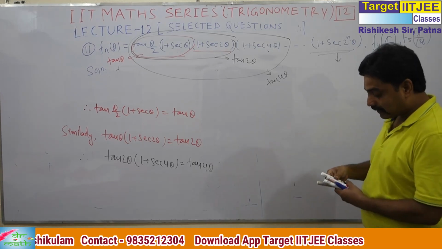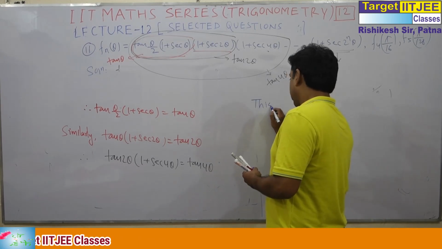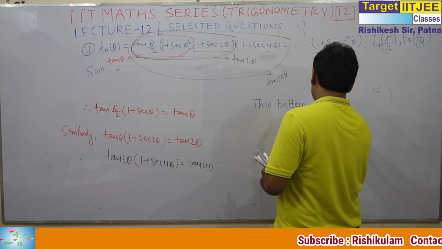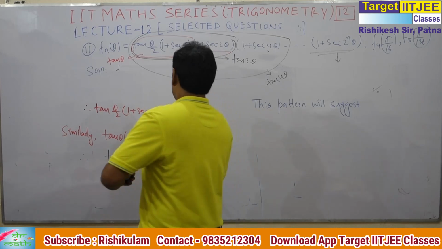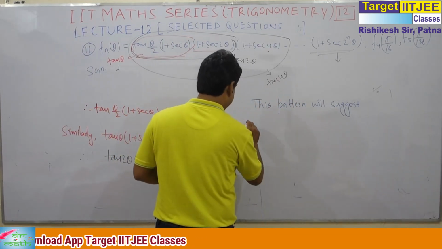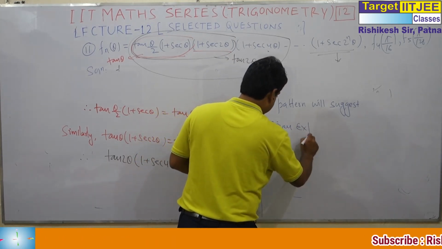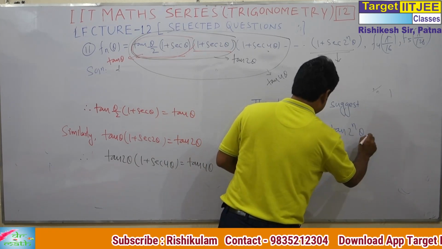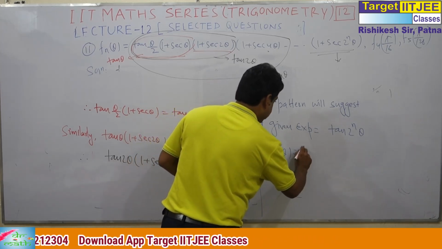So this pattern will give what? This pattern will suggest that the given expression is tan 2 to the power n theta, that is f of n theta is what?